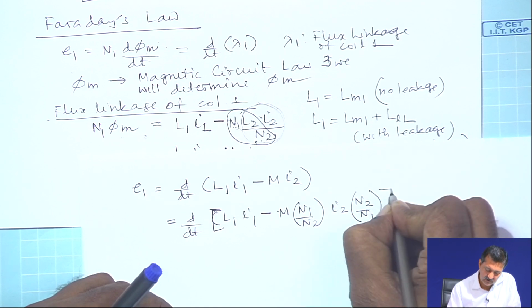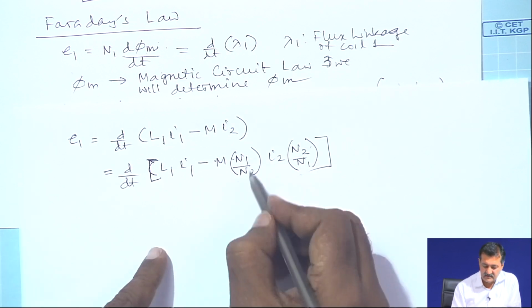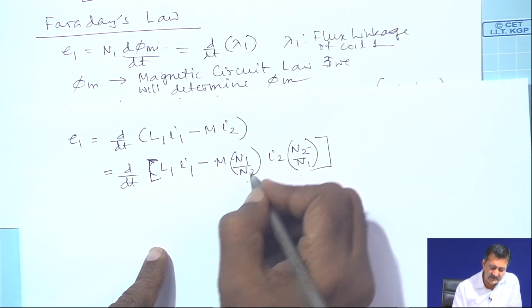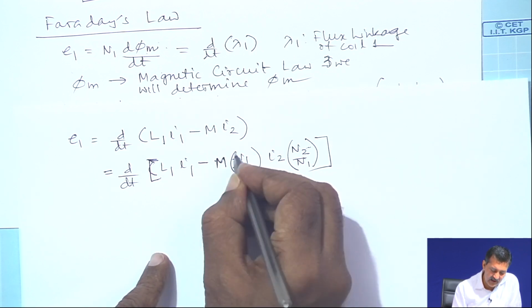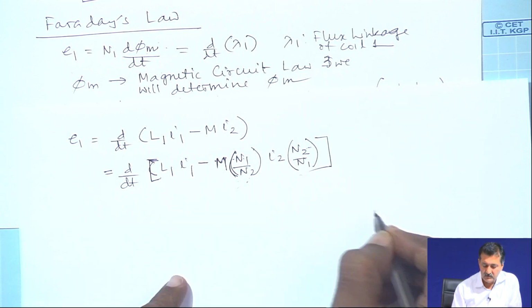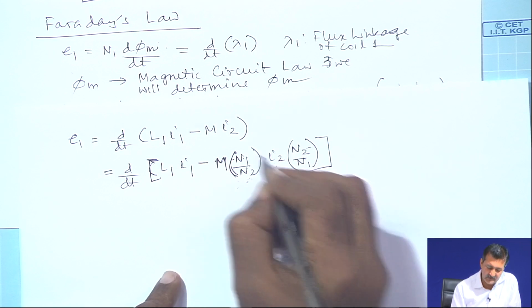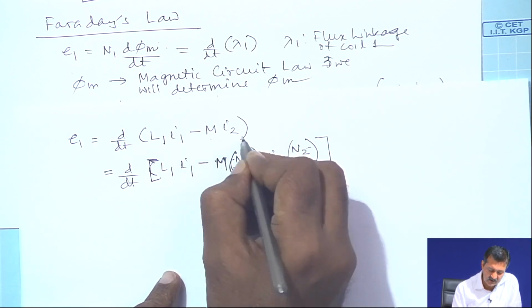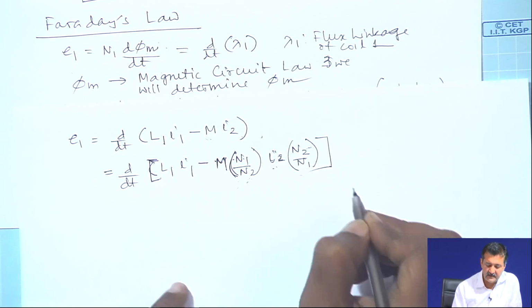You see that N 1 cancels, N 2 cancels. So, I am just doing a simple trick by which I am multiplying this mutual inductance term by N 1 by N 2 and the current term, therefore overall keeping this equation unchanged. In order to keep the equation unchanged, I am multiplying I 2 by N 2 by N 1.